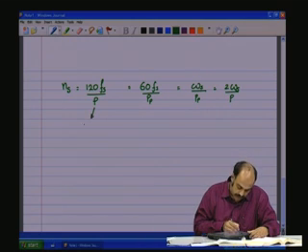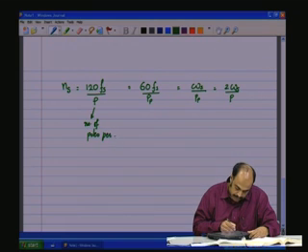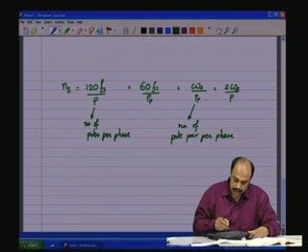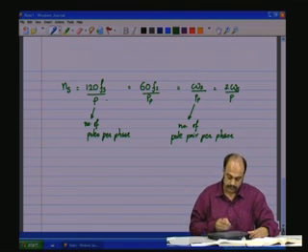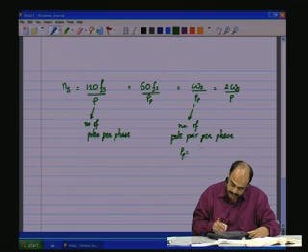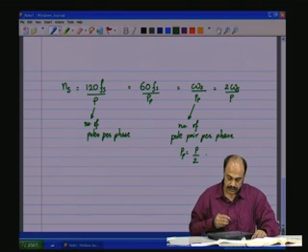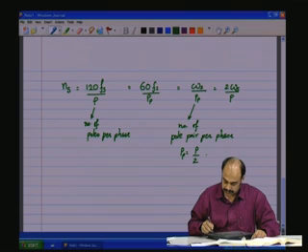Okay. Pp is the number of pole pairs, north and south together, per phase. This value will always be the number of poles divided by 2. Pp is always the number of poles divided by 2.